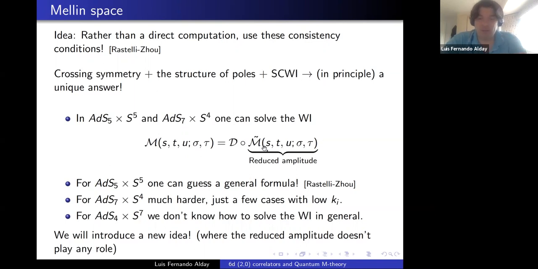And just to answer the question by Shiraz: given the correlator of k, k, k, k, the full amplitude is a polynomial in sigma and tau of degree k, while the reduced amplitude is a simpler amplitude, which is a polynomial in sigma and tau of degree k minus 2.